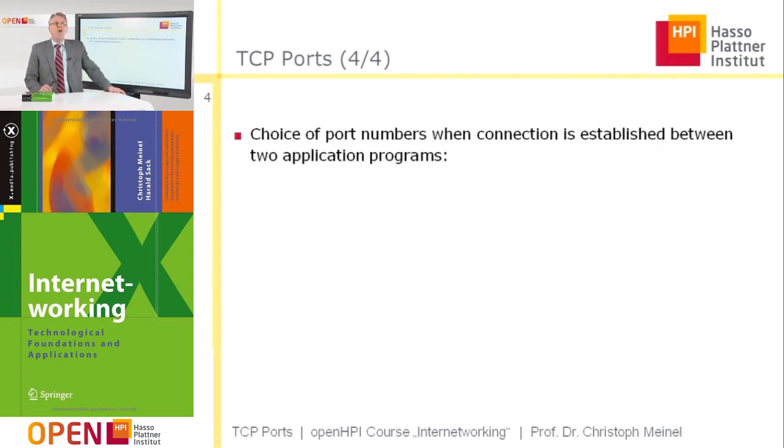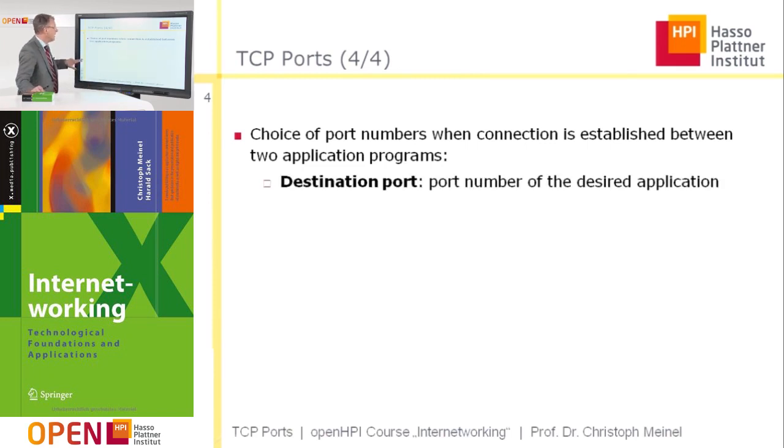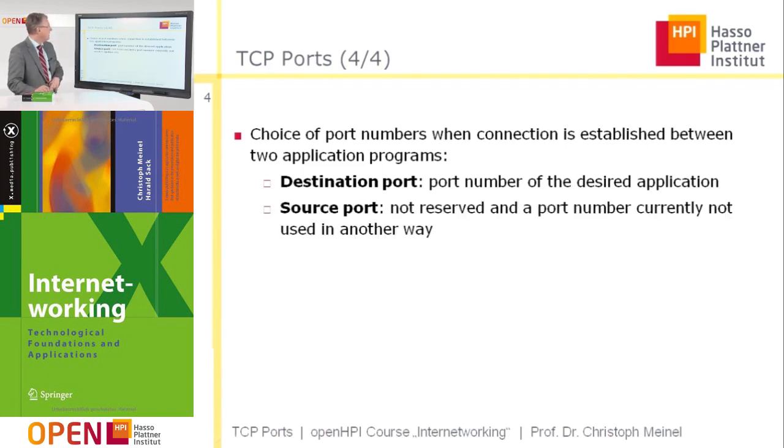The choice of the port numbers when the connection is established between two applications goes in the following way. The destination port is the port number of the desired application. This was 80 for HTTP communication. The source port is not reserved. Here, any port number can be chosen.